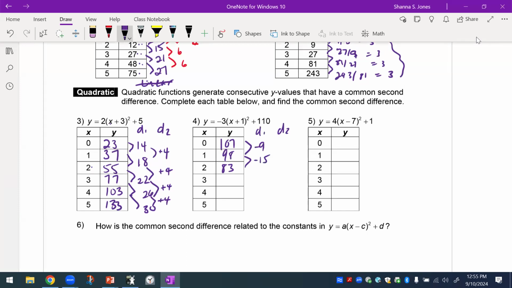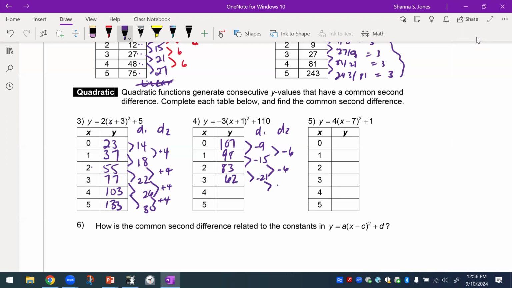So my D2 would be -15 minus -9, which means that it would be -6. So now working backwards without having to substitute in, -15 and -6 makes -21, which means that 83 minus 21 puts me at 62.